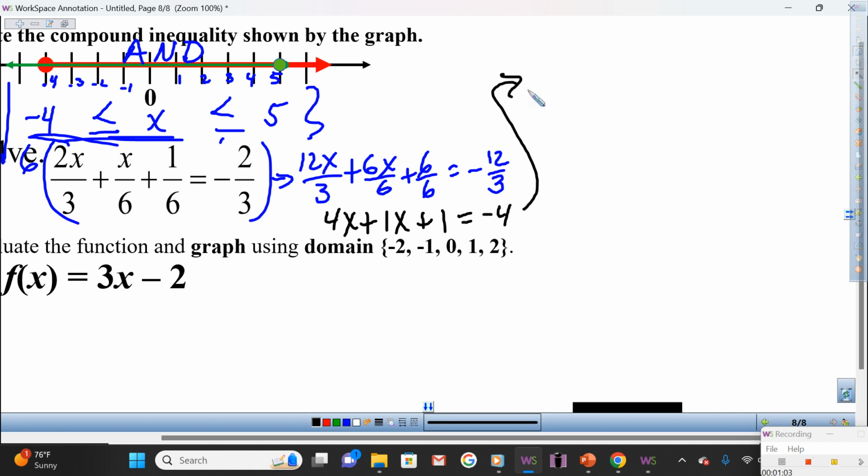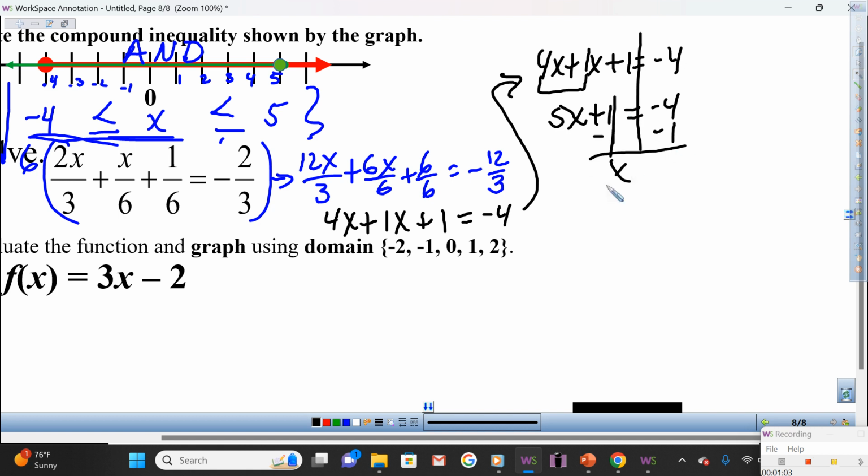I'm going to continue over here. 4x plus 1x plus 1 equals -4. Can I combine stuff? Yes, that's 5x plus 1 equals -4 minus 1. 5x equals -5. Divide by 5, x equals -1.